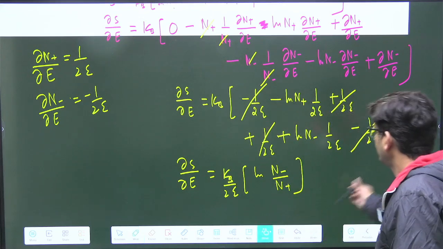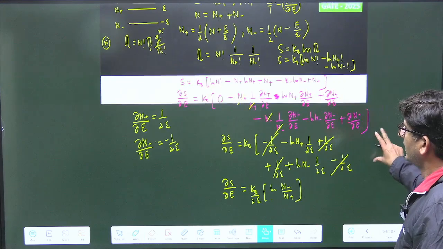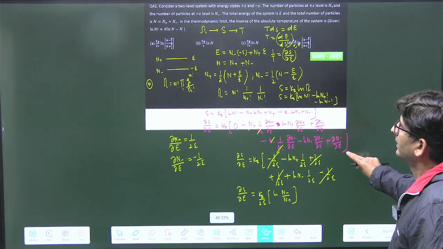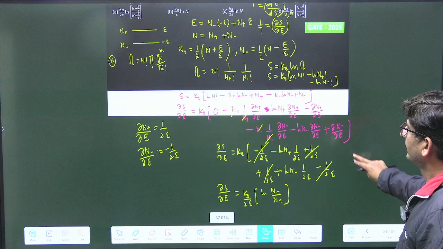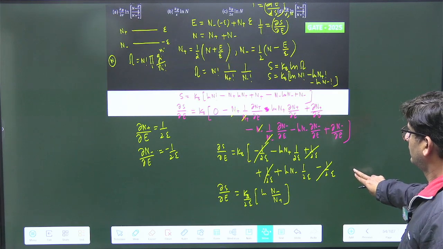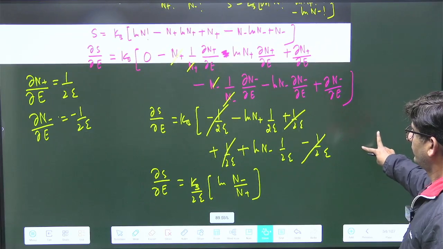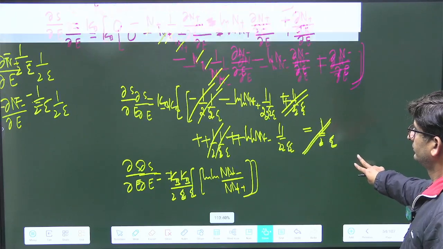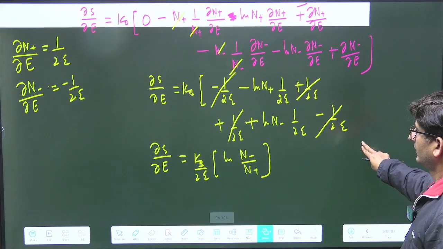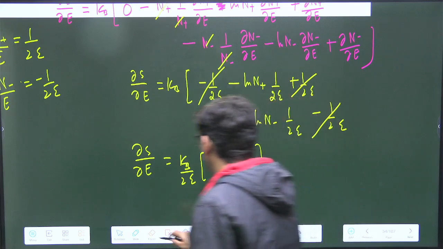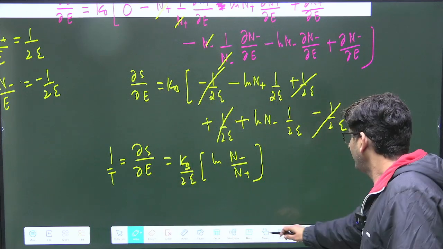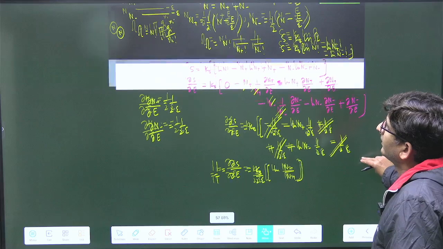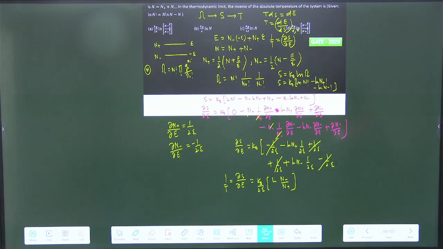This is the value of 1 by T. Now let us check the form in which we want the answer, because that is in the form of capital N. We have to write 1 by T, and the form is KB by 2E.